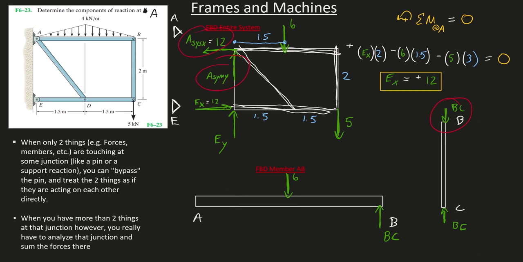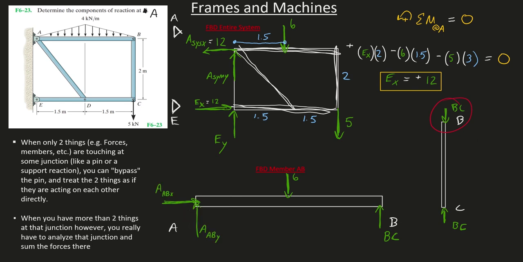It's the force that it puts on the entire system. What I need to write here is the force that A puts on AB. And since this is a regular pin support, I know it's going to be an ABX, which I'll assume right, and an ABY, which I'll assume up.